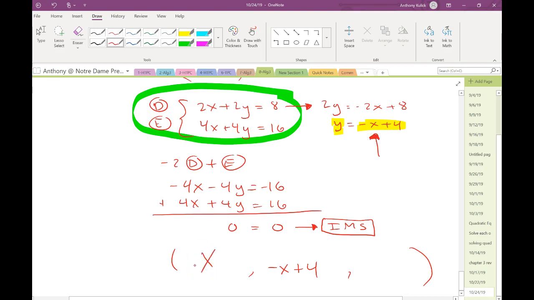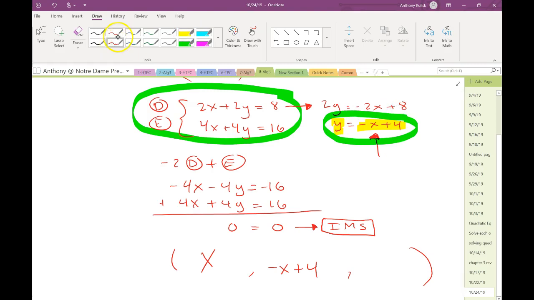So in the x spot, I'm just going to write x. And now I'm going to take this and use it to plug into A, B, or C, and then get the z by itself.